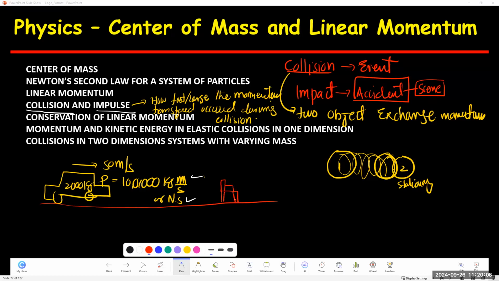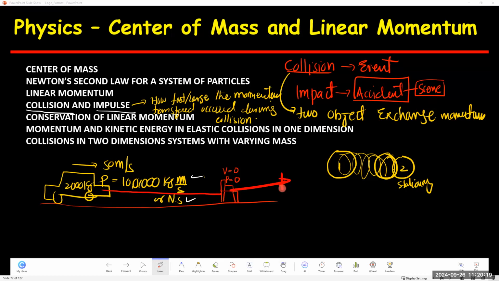And this chair sitting here, the velocity of this chair is 0 and the momentum of this chair is 0. But a car is coming and hitting it, and then the chair is going to fly to this location. When the chair is moving, it means P is no longer 0. It has some velocity.